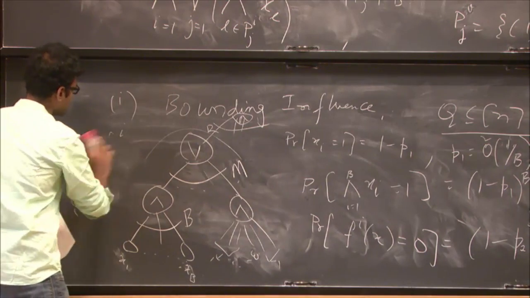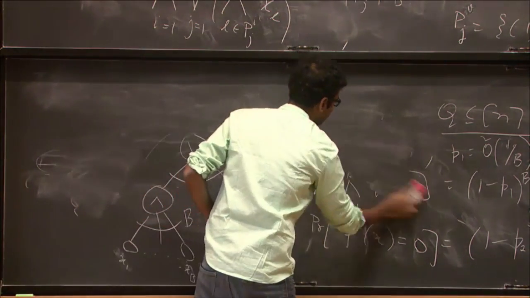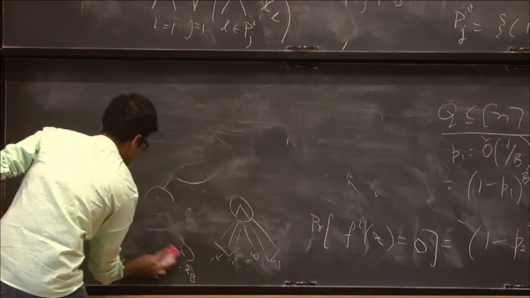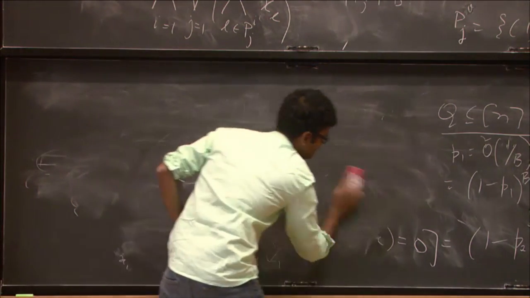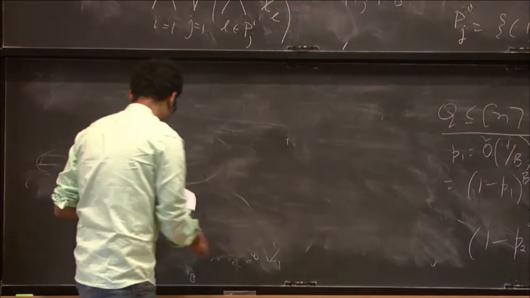All right. Janson's inequality, the version that we use, is of this form.